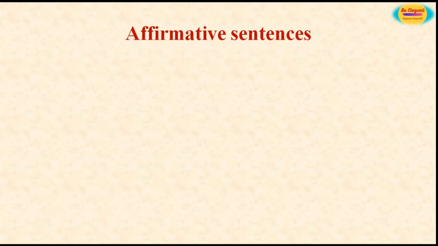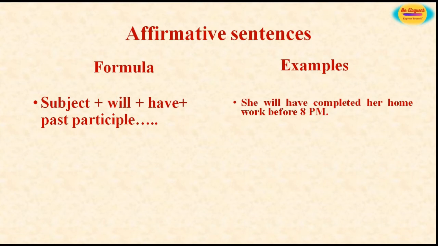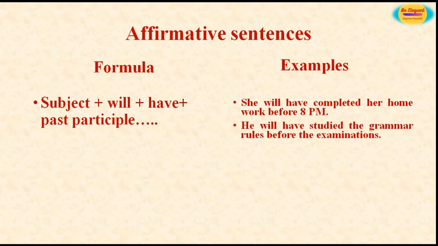To make affirmative sentences in future perfect, the formula will be subject plus will plus have along with past participle. Look at the examples. She will have completed her homework before 8 p.m. He will have studied the grammar rules before the examinations.